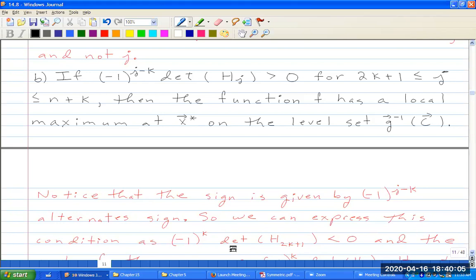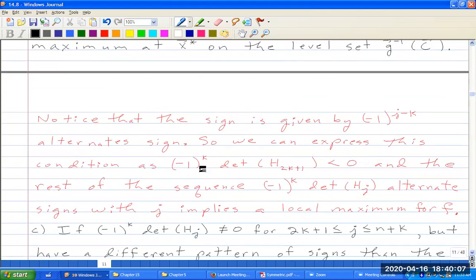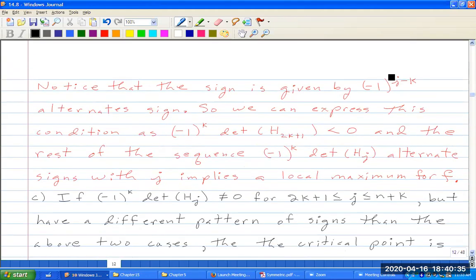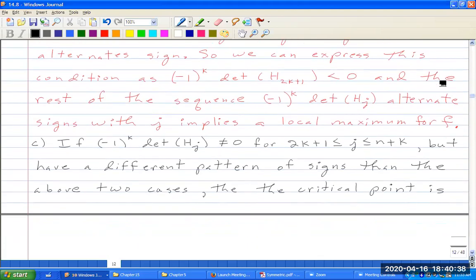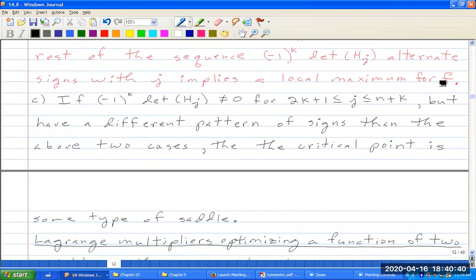So we can express this condition as: starting at 2k+1, the sequence (-1)^k determinant H sub j alternates in sign with j, and this then implies that we have a local maximum for F. Next.